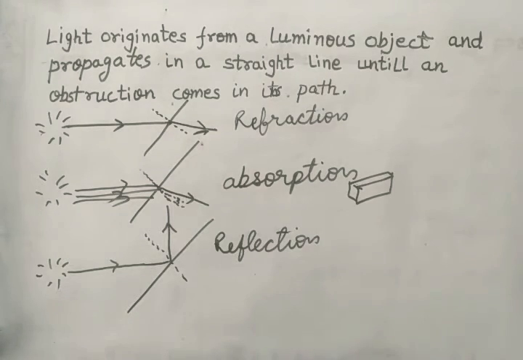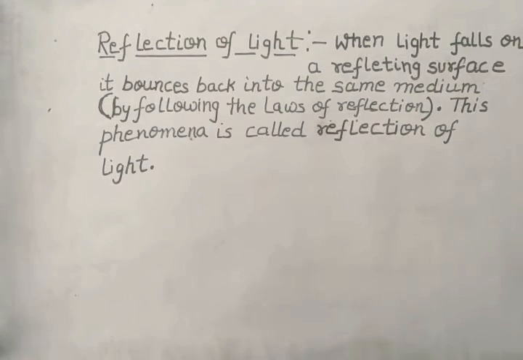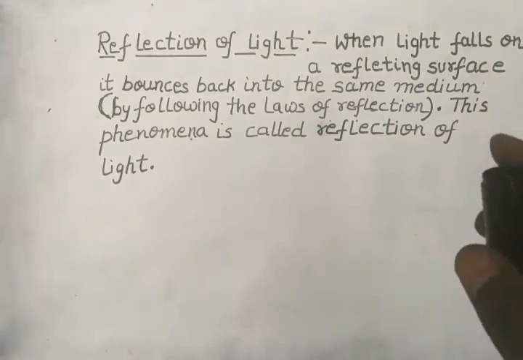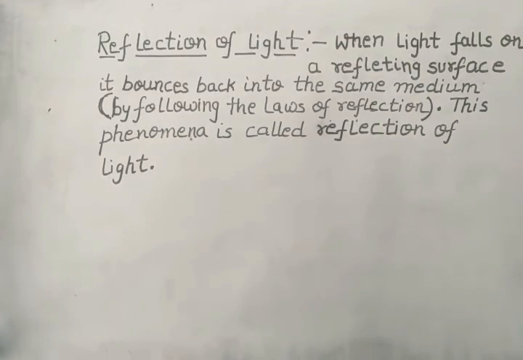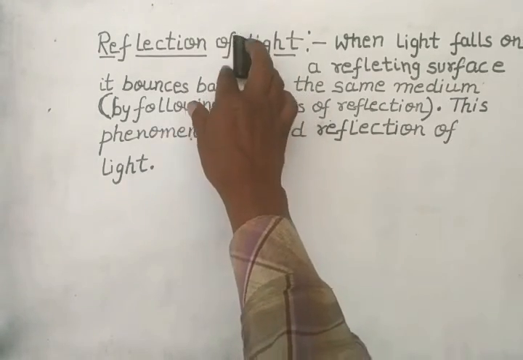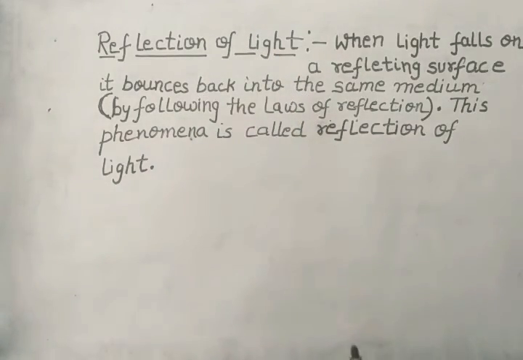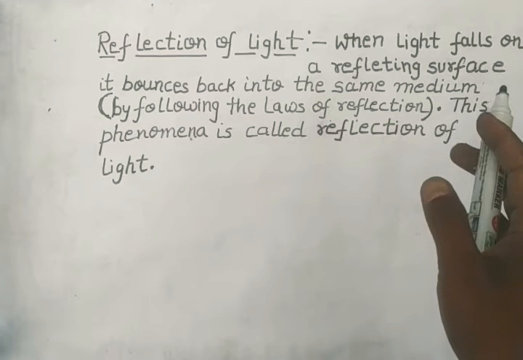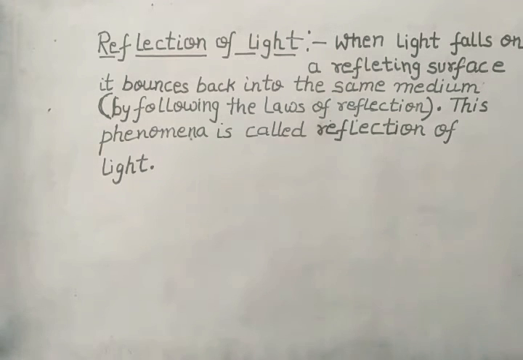Now what is reflection? Before I read this definition, just see this marker cap. It gets reflected after hitting. All the surfaces, all the objects we see around us are reflecting objects. If they were not, we would not be able to see them.